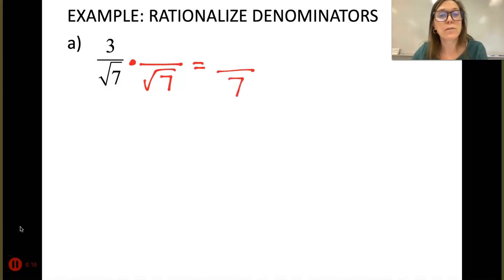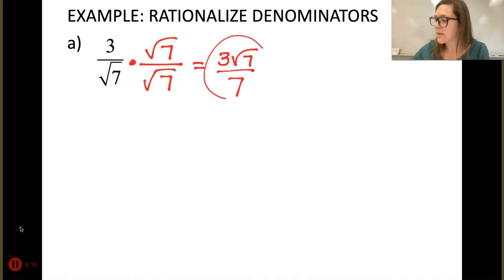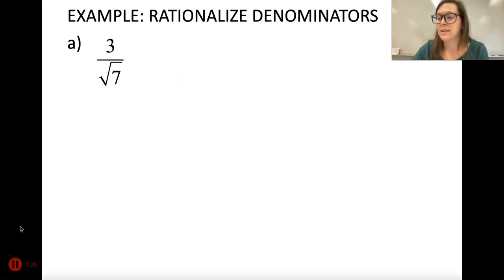Because the square root of 7 times the square root of 7 is the square root of 49, which is 7. What I must do to the bottom, I must do to the top. So multiplying my numerator leaves me with 3 square roots of 7. So that is the same exact fraction. I didn't change anything. I just rewrote it so that I did not have a square root sign in the denominator. That's called rationalizing the denominator.